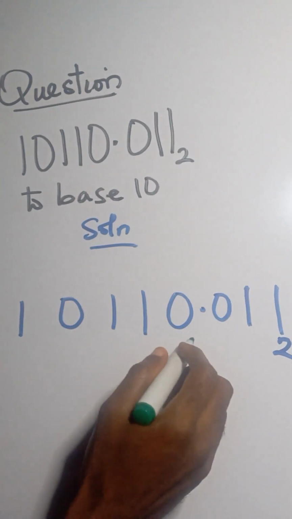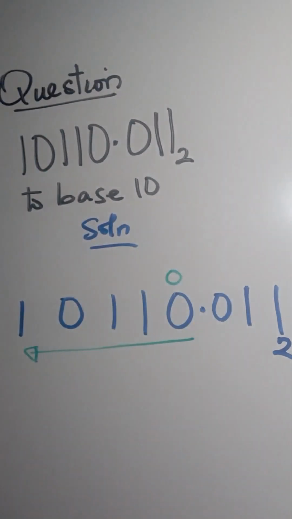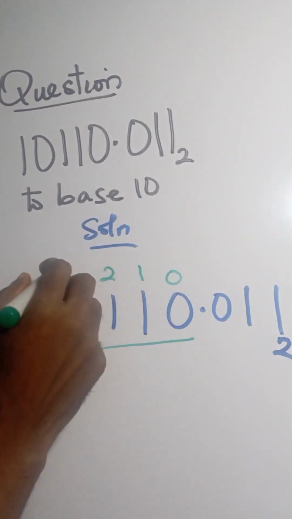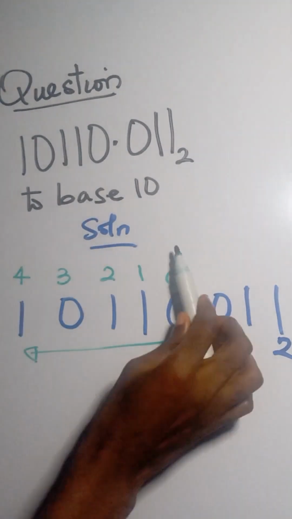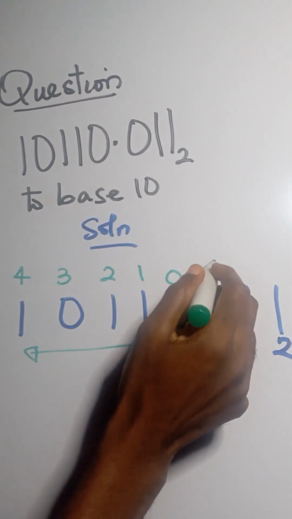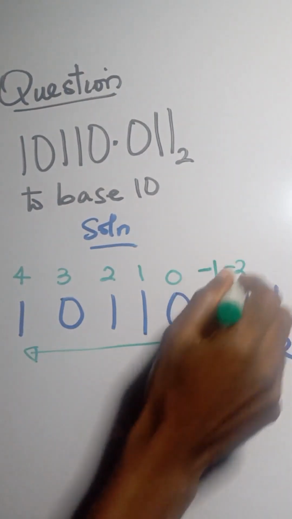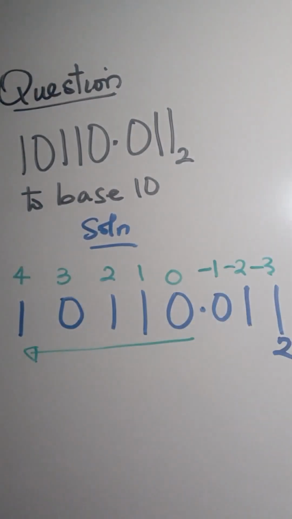From this place down, I have power 0, 1, 2, 3, 4, like your number line. Then I have minus 1, minus 2, and minus 3.